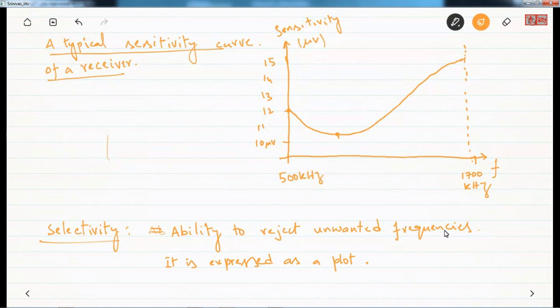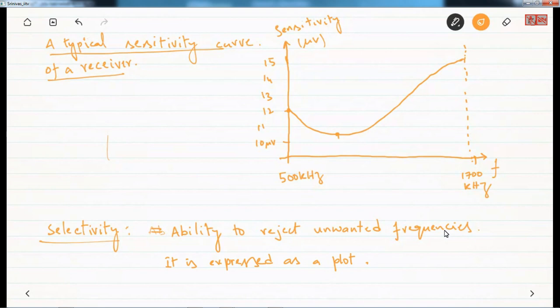You have a receiver, you tune to a particular frequency, maybe 660 kilohertz or 700 kilohertz. So let's take that to be 700 kilohertz. And when you apply a 700 kilohertz input frequency, the receiver will give some output, this many volts and this many milliwatts.